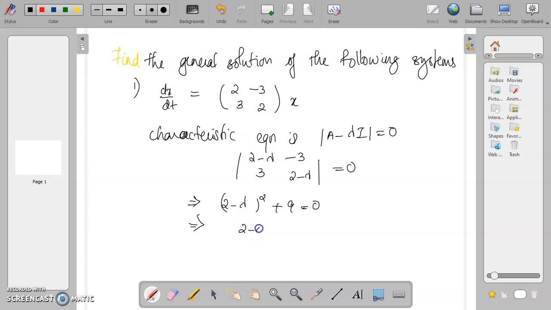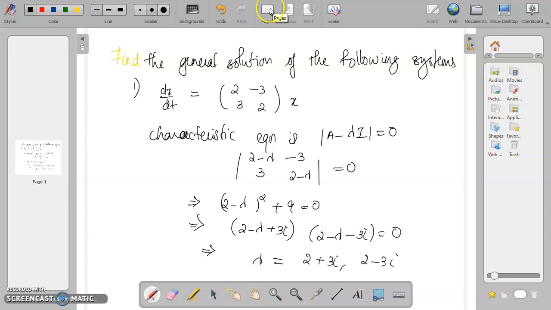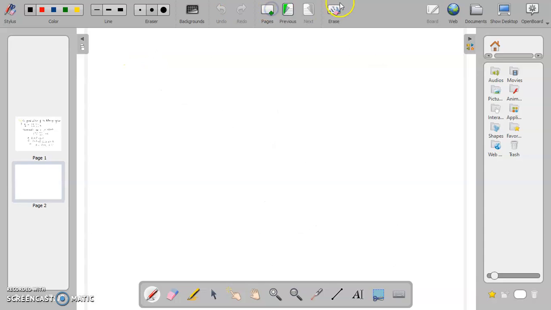So you will get (2 minus lambda plus 3i) and (2 minus lambda minus 3i) equal to 0. So that gives lambda equal to 2 plus 3i and 2 minus 3i. So those are going to be the characteristic roots. So your eigenvalues are 2 plus 3i and 2 minus 3i. So let us see the eigenvectors.